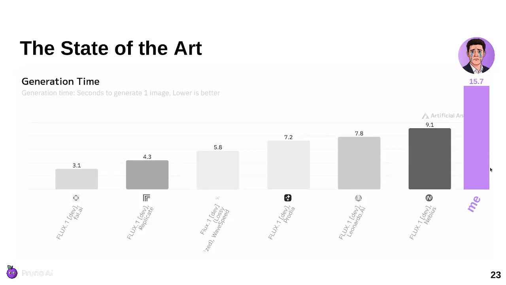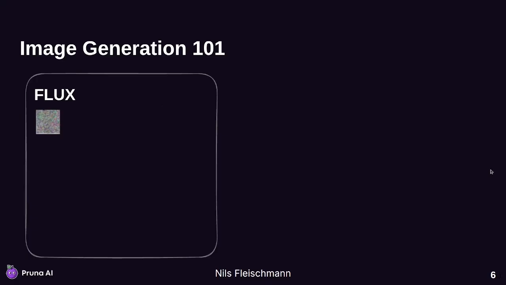So before we dive into how we can optimize it, I will give you a quick overview of how these diffusion pipelines, and in particular Flux, work. Usually these pipelines start with a random image at the beginning, as you can see here on the top left.